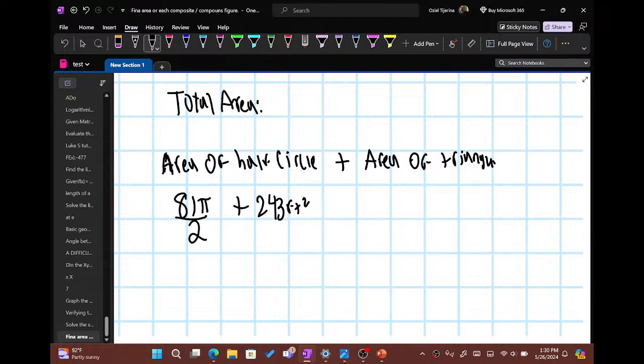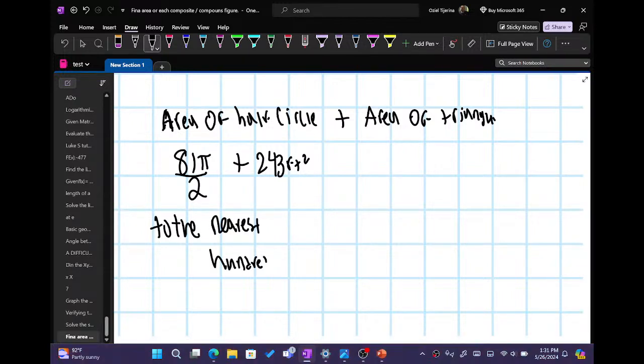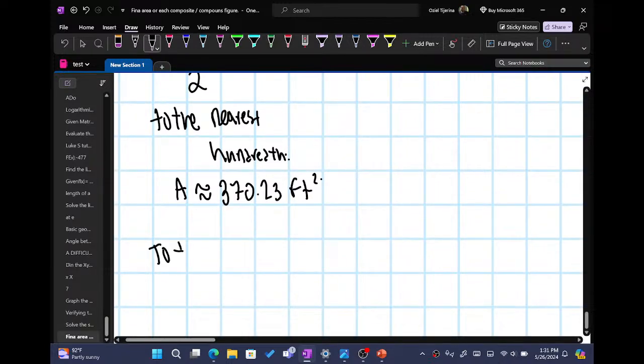If you want to round to the nearest hundredth, this is approximately 370.23 feet squared.